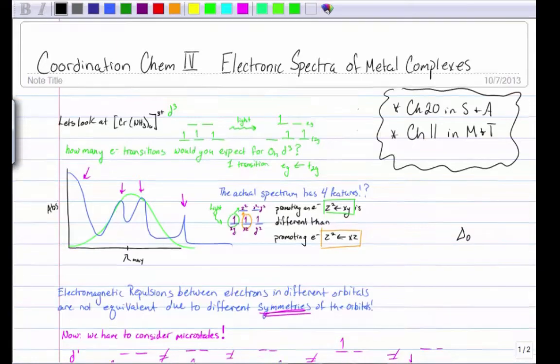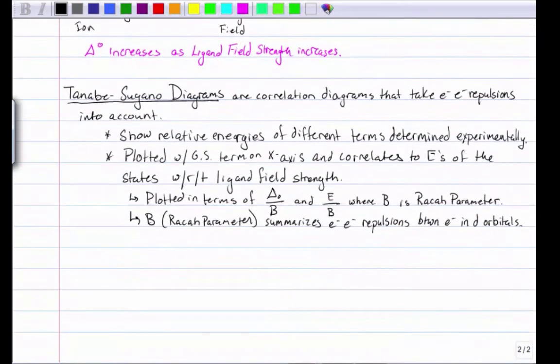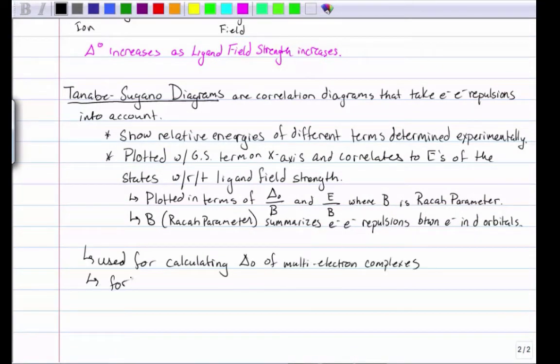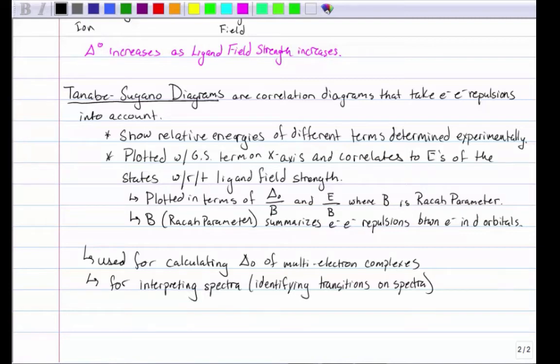So there's two purposes that we'll use them for. Calculating delta. So we'll use them for calculating delta of multi-electron complexes. We'll also use them for interpreting the spectra, or identifying transitions.